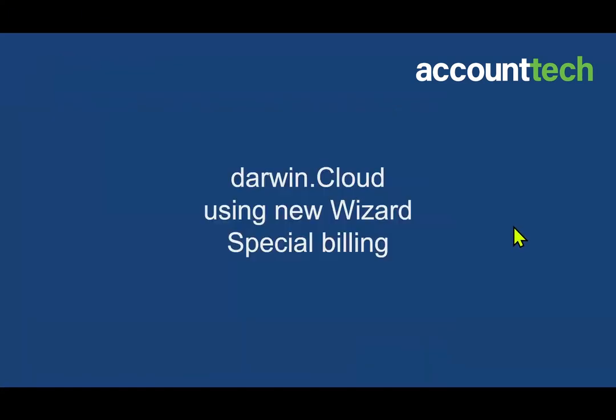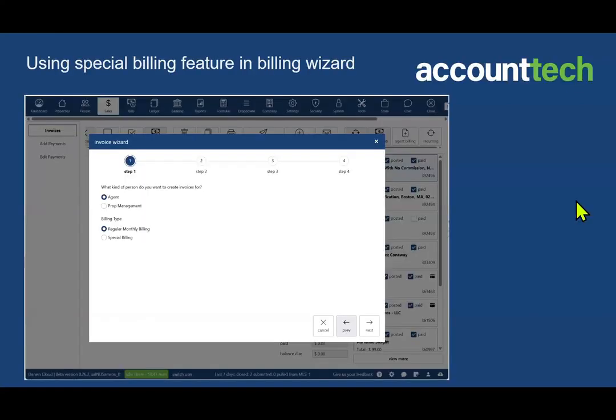All right. The last thing that I want to cover today, and then we'll just open it up for questions on whatever people want to talk about, is the new feature about special billing that I showed you right at the beginning of this call. So once a month, or however often you do, you go to sales, you go to invoices, and you click the agent billing wizard right up here.